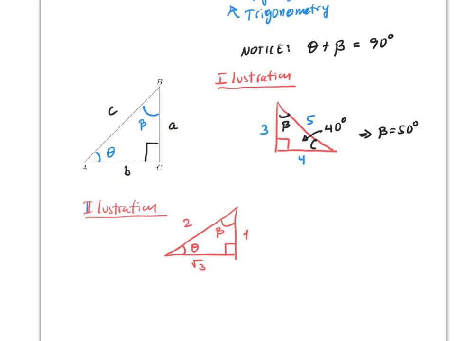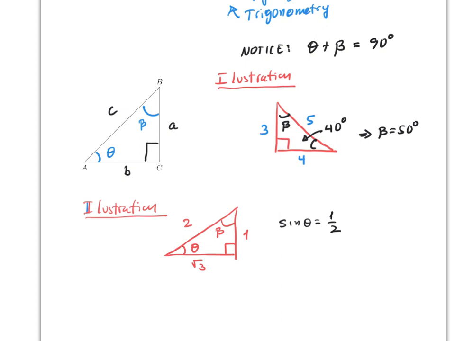So there are multiple ways to do this. For example, if you want to find theta, you can use sine, or you can use tangent. Let's say that we use sine. Sine of theta is going to be equal to 1/2. But the thing that you want is theta. So how do you figure out theta?